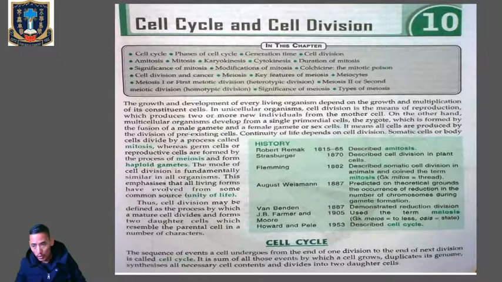Okay, so actually what is cell division now? Cell division can be defined as the process by which a mature cell divides and forms two daughter cells, which resemble the parental cell in a number of characters. It says that in cell division, the maternal cell will divide to form two daughter cells.